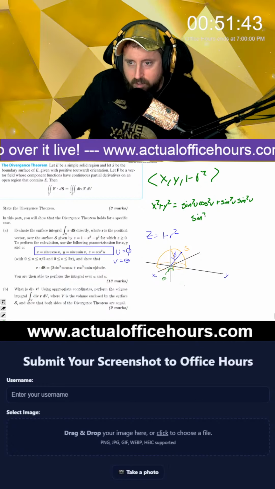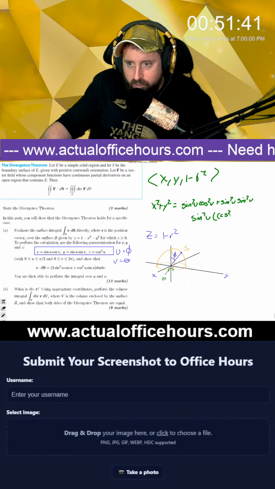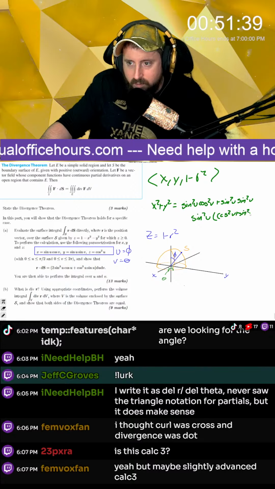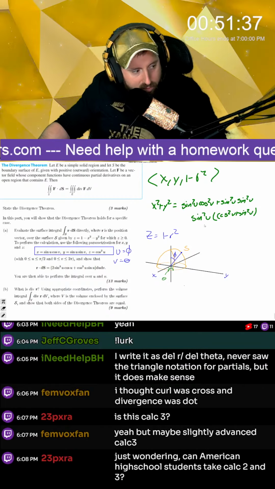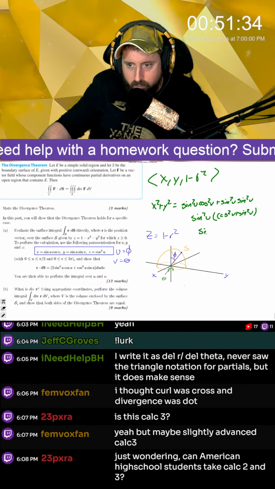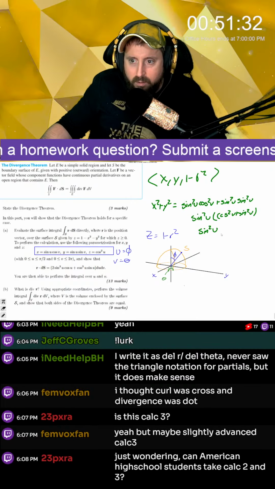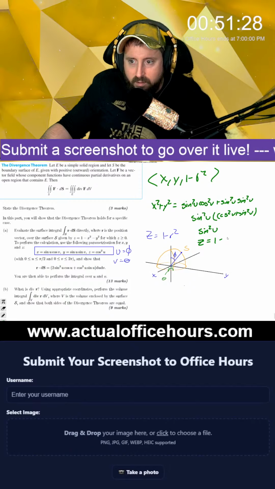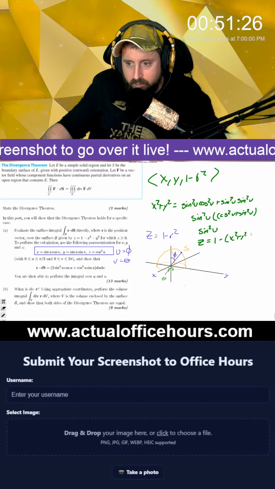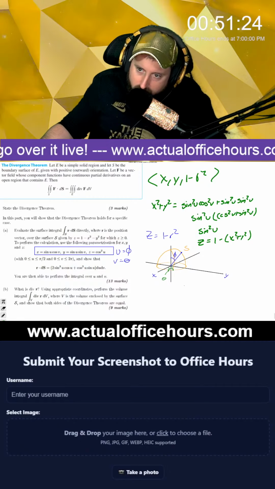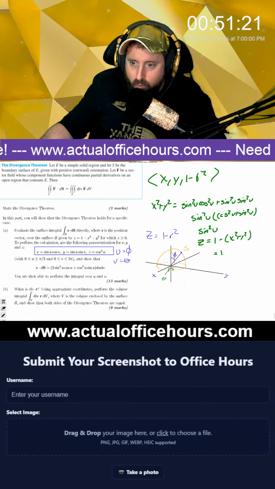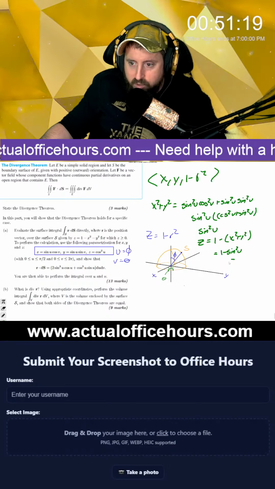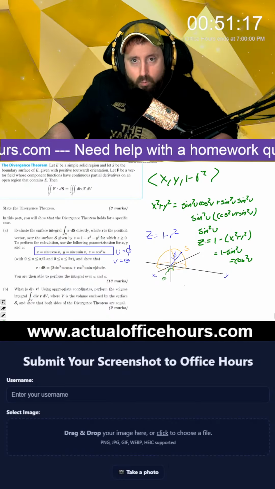So that's sine squared u cosine squared v plus sine squared v. So it's just sine squared u, right? And then z is equal to 1 minus x squared plus y squared, which is equal to 1 minus sine squared u, which is equal to cosine squared u, which is what pops up here.